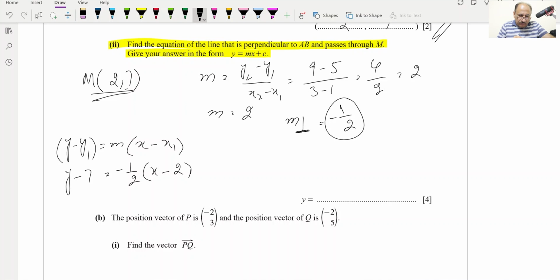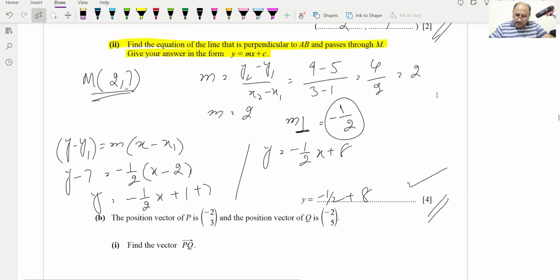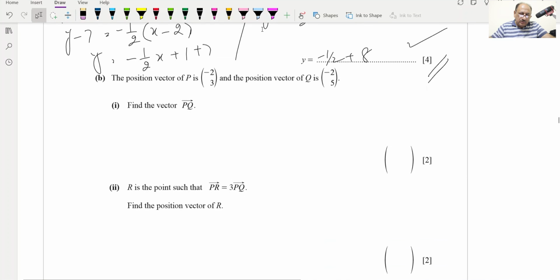So we can find the value of y is equal to minus 1 by 2x, and minus 1 by 2 into minus 2 will be plus 1, and plus 7. So the final equation will be y is equal to minus 1 by 2x plus 8. This will be the final answer for question 4.